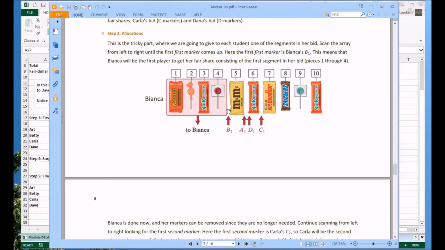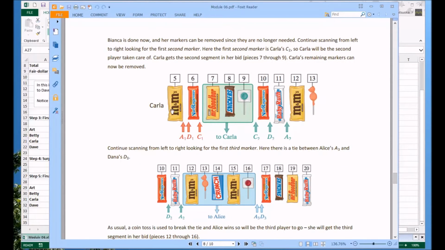Whose subscript 2 is the first one to show up along the line? That would be Carla, because Carla's the first subscript 2. So for Carla, she has this segment of 7, 8, 9 as her fair share. So Carla gets 7, 8, and 9. Now the second player is out.